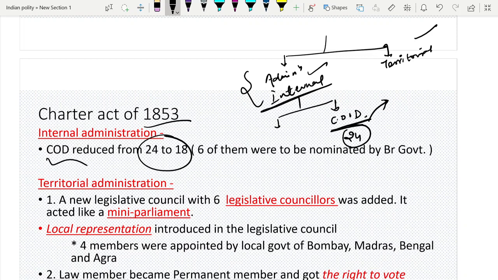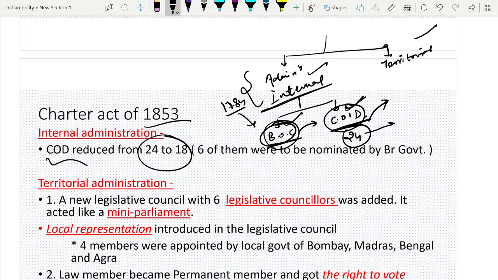These members would see the administrative things of the EIC, and the BOC, Board of Control, was the overall watching mechanism which was introduced by Pitt's Act of 1784. So the overall oversight mechanism was the BOC, but civil or commercial affairs were administered with the help of the Court of Directors.